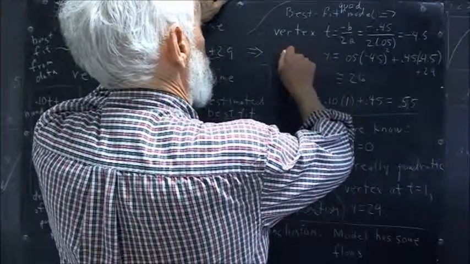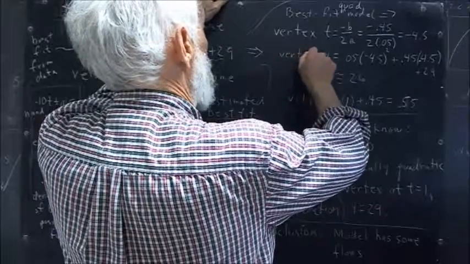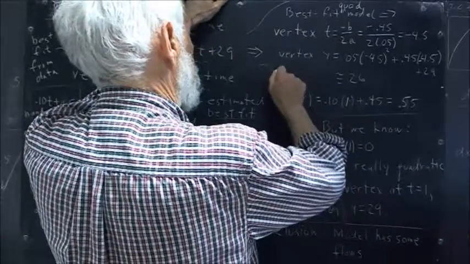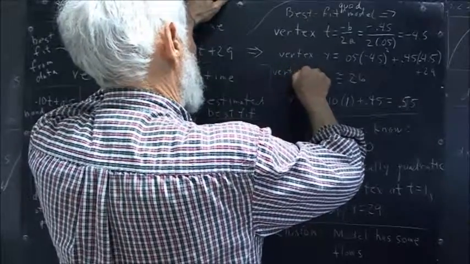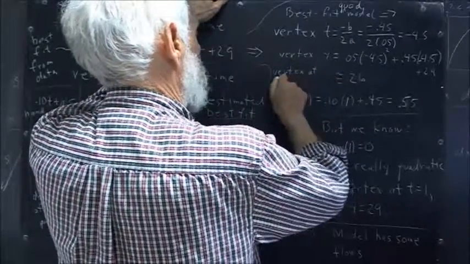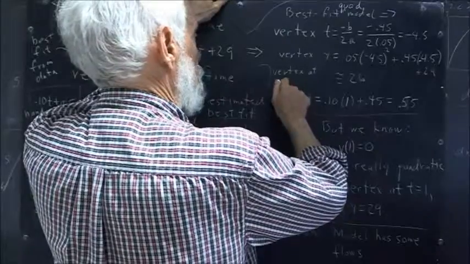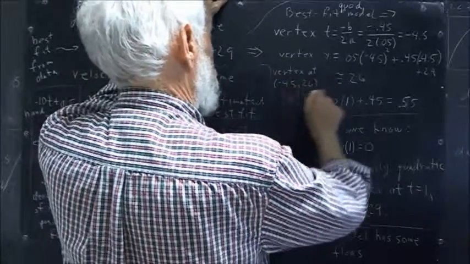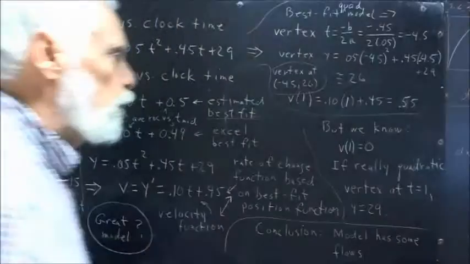So the vertex is at negative 4.5, 26. Now, what do we know?